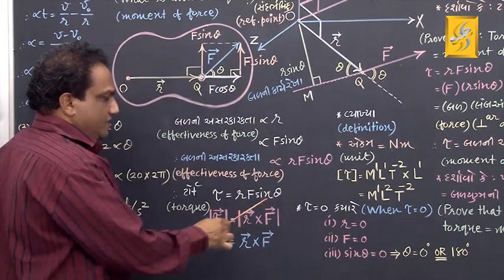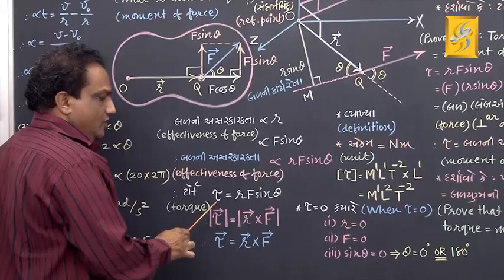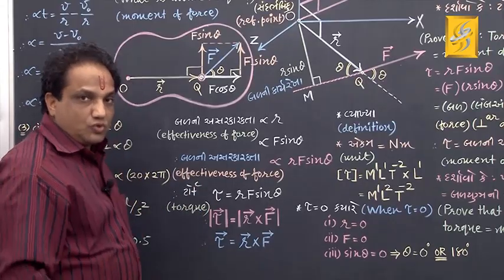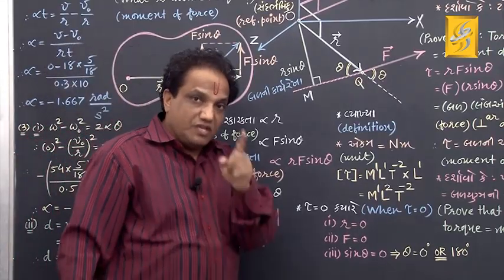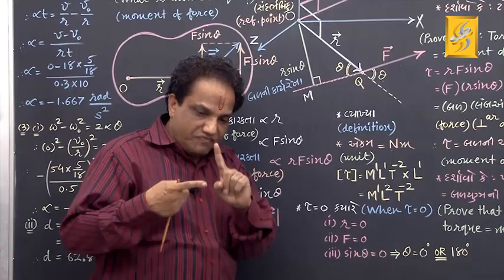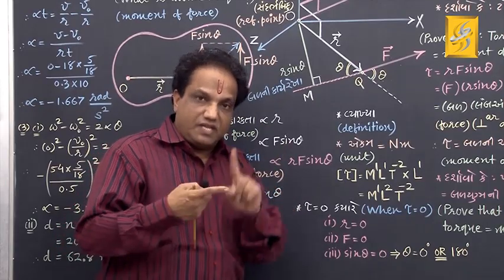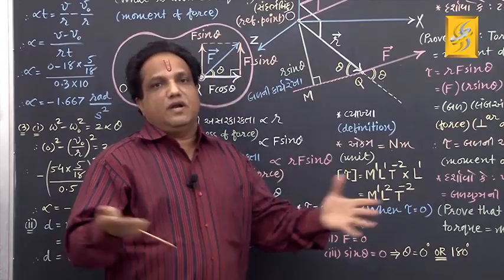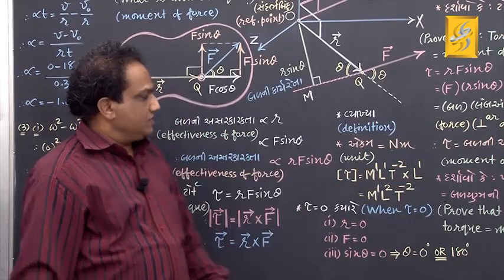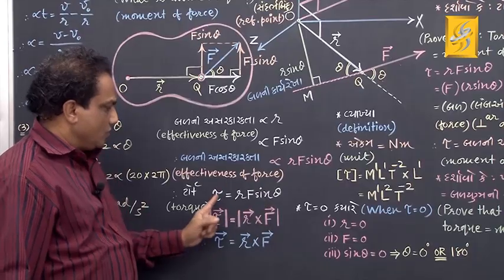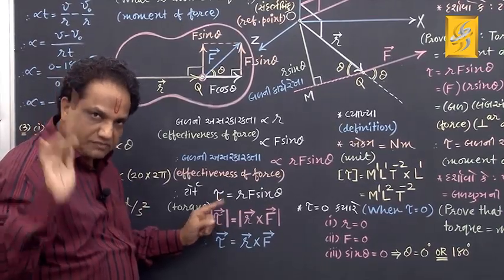In both cases, sin theta would be 0 and ultimately torque will be 0. So even if r is not 0 and f is not 0, if you select the reference point on the line of action of force, then theta is either 0 or 180 degrees, sin theta is 0 and torque is 0. Correct?